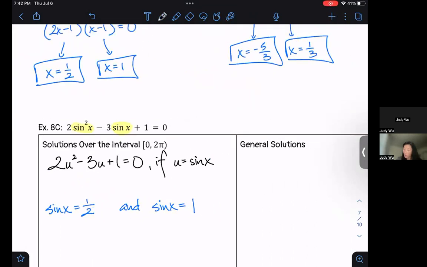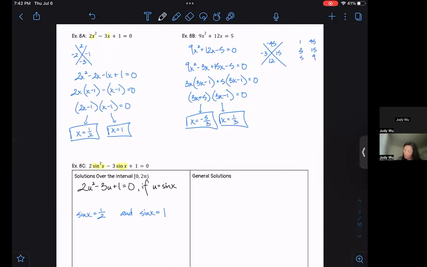It's almost like we're tricking ourselves and saying, let's go back and do some of this stuff with a u. And at the end, we'll plug in that sine again so that we get what we want. This is oftentimes a really important mathematical trick, where we think about things that we know, like factoring, and how we can use them in a new context.